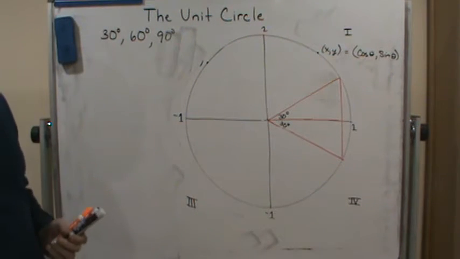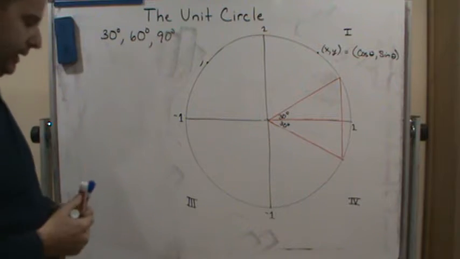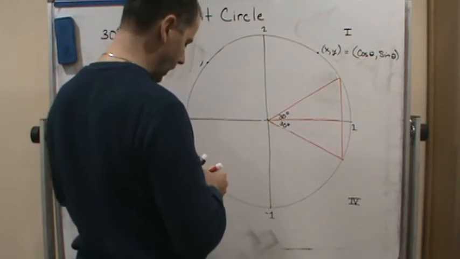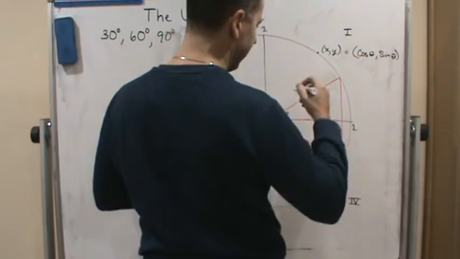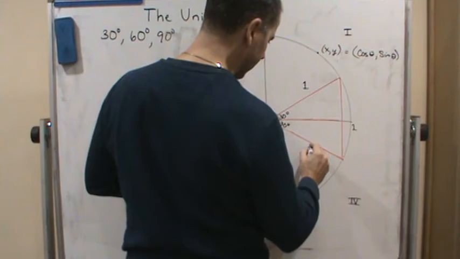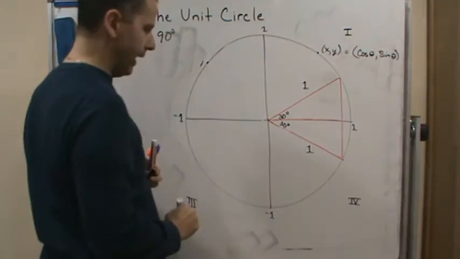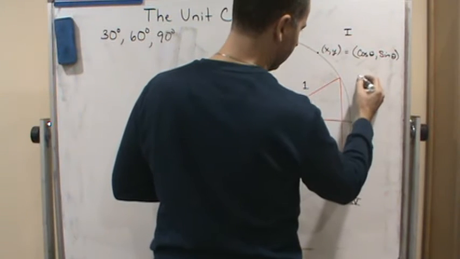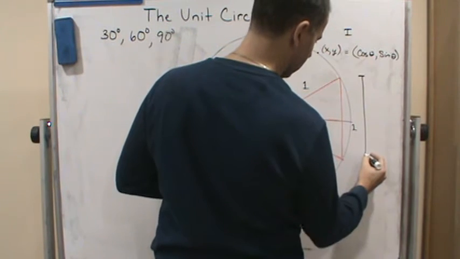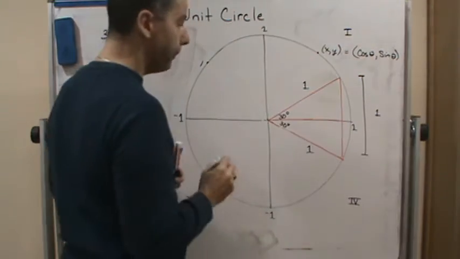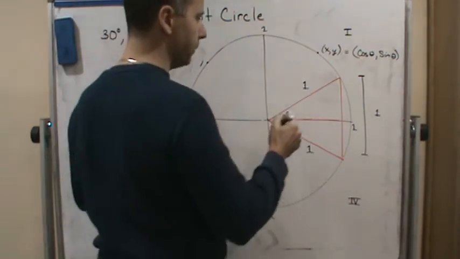An equilateral triangle has equal sides, which means the radius here has to be 1, and the radius here has to be 1, and this distance has to be 1.